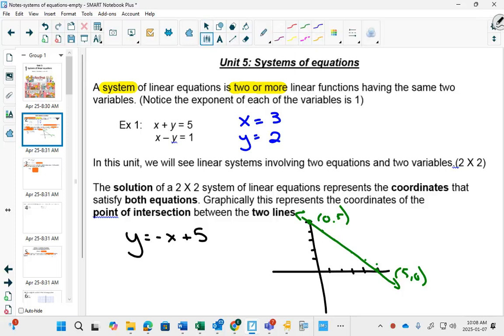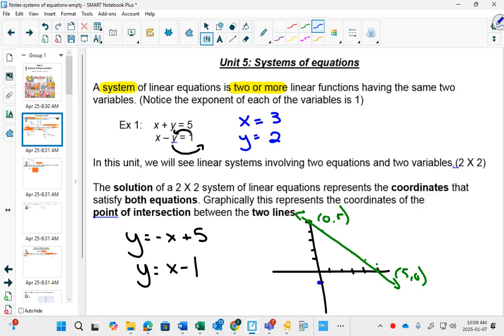Similarly, I could get y by itself on the other graph. If I was getting y by itself on the other graph, I would probably think about moving my y to this side and my 1 to that side. And you see that that would give you x minus 1. Okay? If I have x minus 1, well, that means I'd have a y-intercept of minus 1.